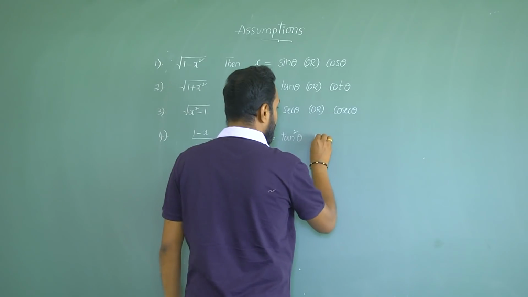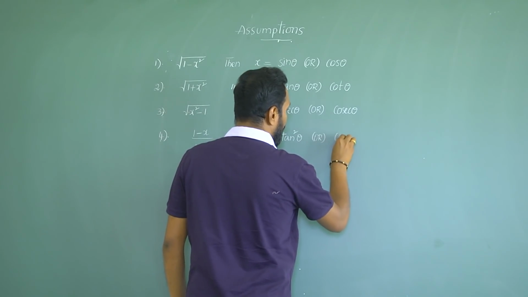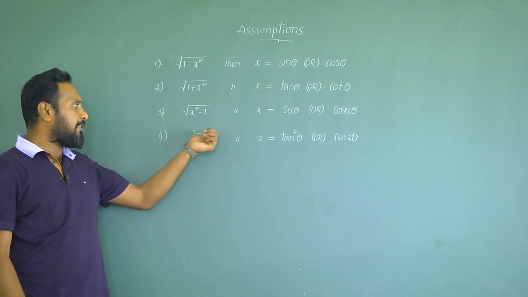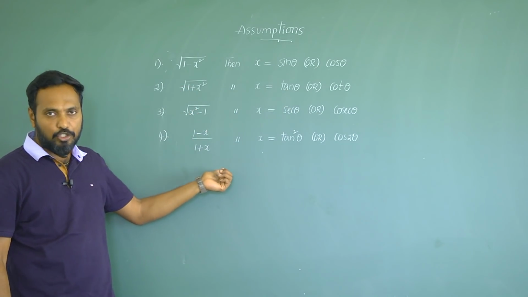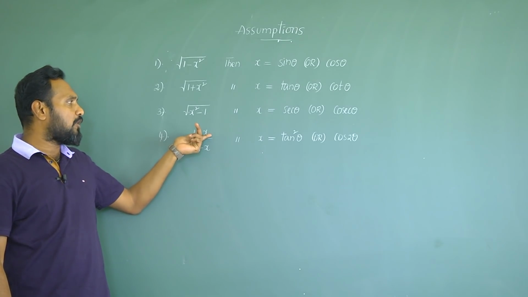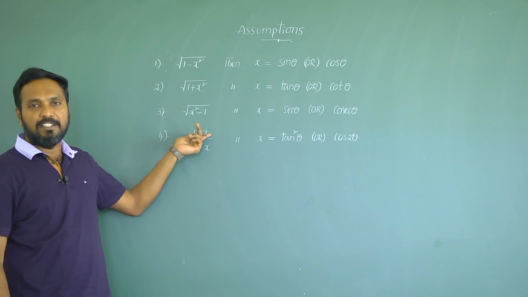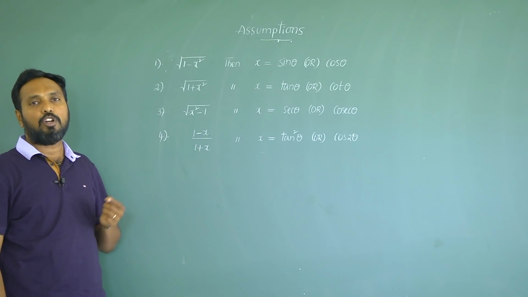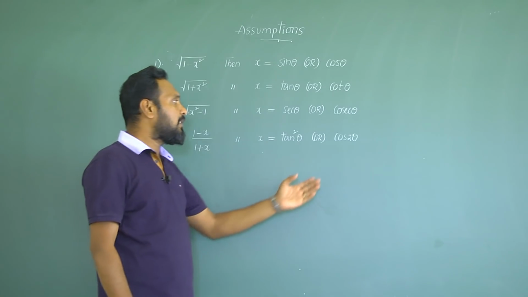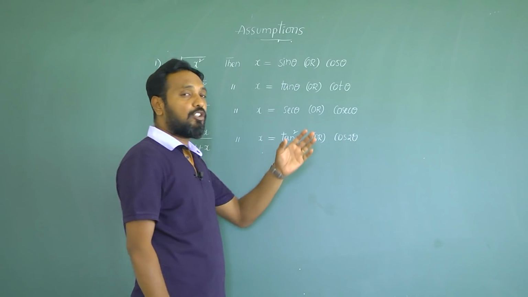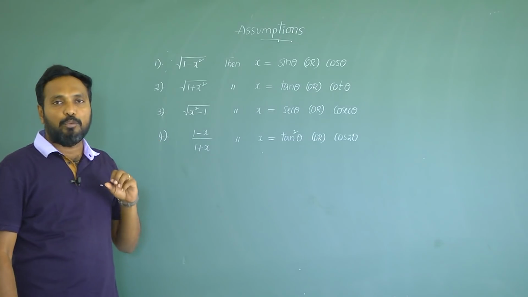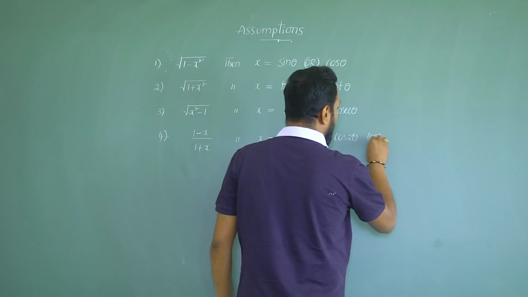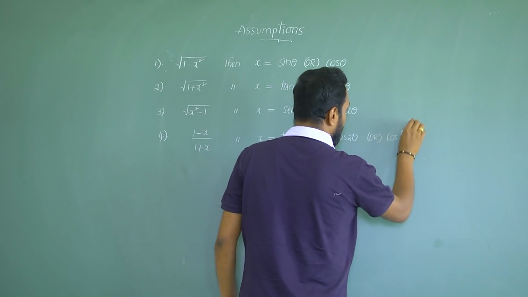Or we can also assume x equals cos 2 theta directly. 1 minus cos 2 theta by 1 plus cos 2 theta, where 1 minus cos 2 theta is 2 sin square theta and 1 plus cos 2 theta is 2 cos square theta. Or here I can also assume x equals cos theta, if we want the simplification in terms of submultiple angles.